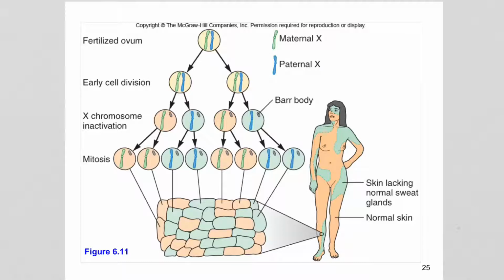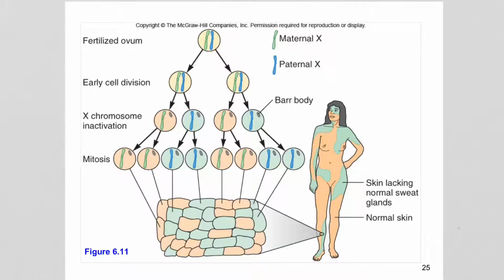So how this works is we have a fertilized ovum at the very beginning. So this ovum has 2 copies of the X chromosome, because that's what we start with, a maternal copy and a paternal copy. And then remember, as we're going through early development, we're going to go through many rounds of mitosis.